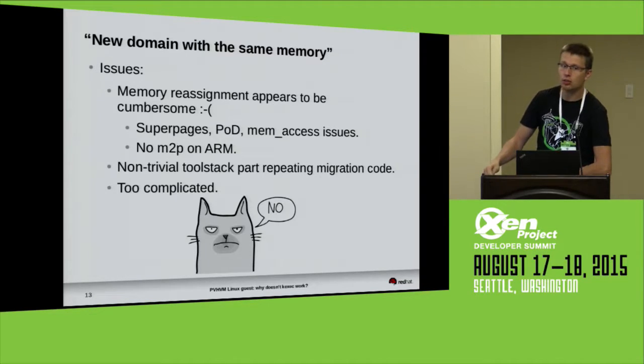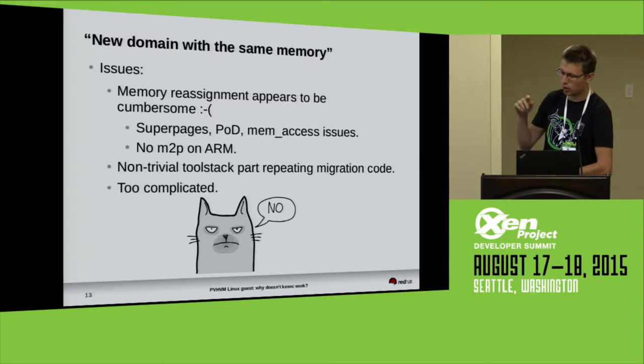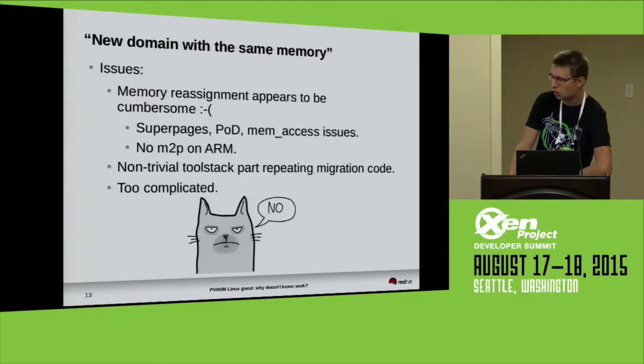The idea of reassigning a page when it's been freed didn't work out well for ARM, because on ARM there is no M2P table. And to look up an address, we need to do a full walk. And if we happen to have many pages for a domain, it will take us a while.